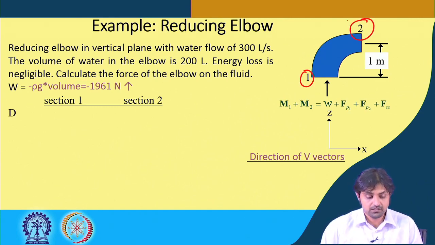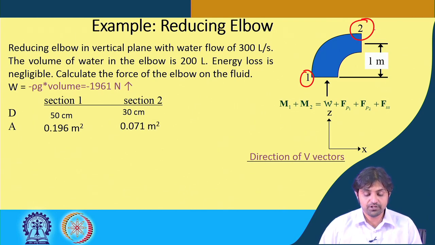Now we treat section 1 and section 2. The diameter at section 1 is 50 centimeters, and the diameter at section 2 is 30 centimeters. So the area will be 0.196 meters square in section 1 and 0.071 meters square in section 2. The velocity is going to be 1.5.